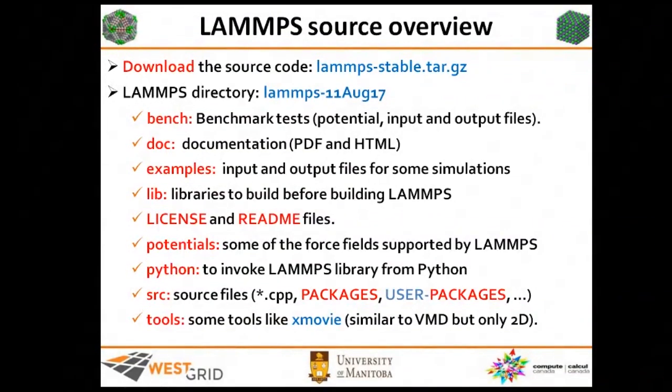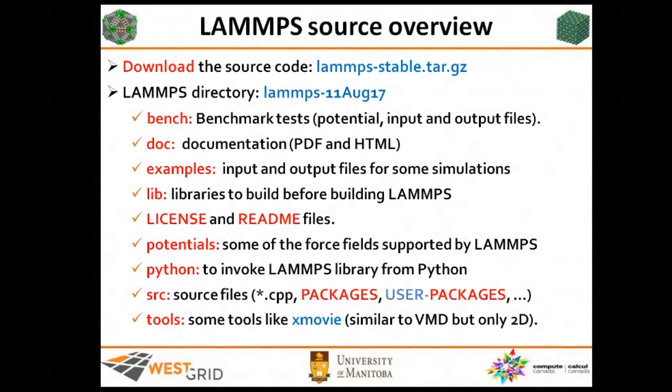In this directory, there are many different use cases of LAMMPS, I think more than about 300 different input files. There is another directory, lib. This directory includes some libraries.